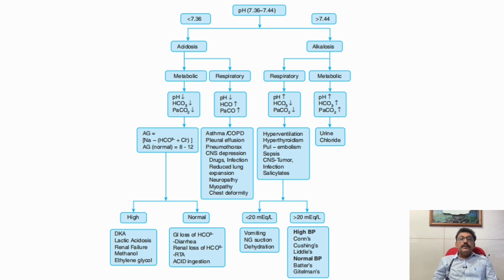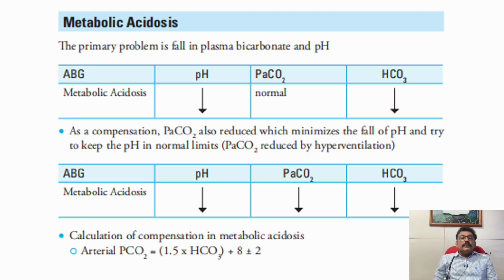Metabolic alkalosis, again: pH is increased, bicarbonate is increased, PaCO2 is increased. So that is metabolic alkalosis. Now, metabolic acidosis we have seen in detail previously.